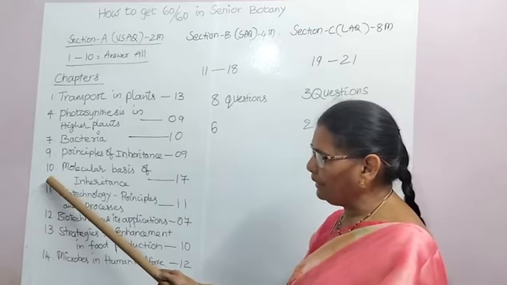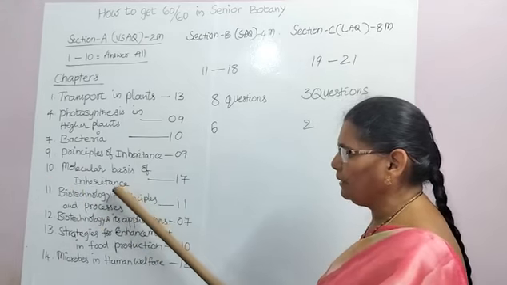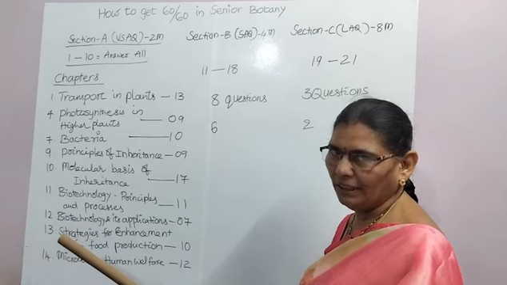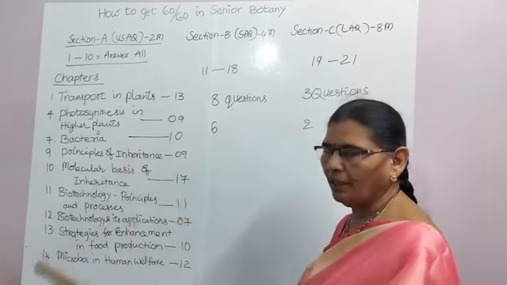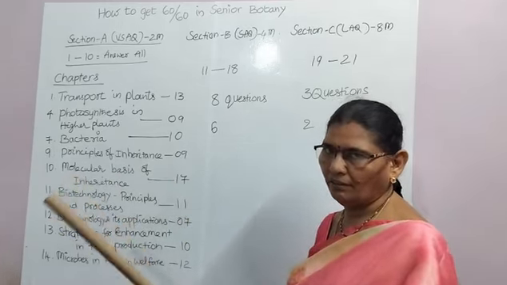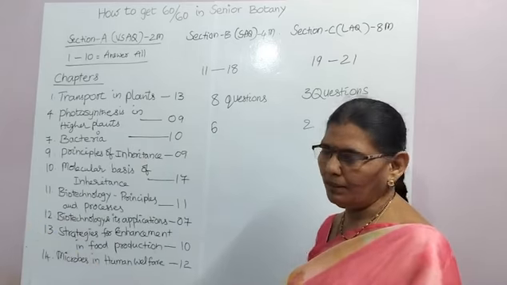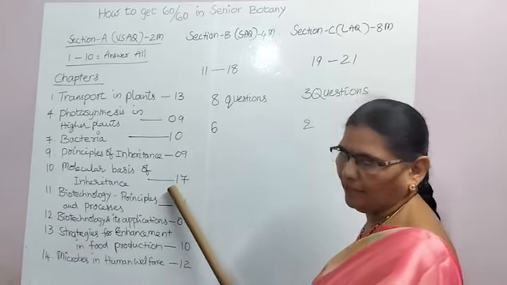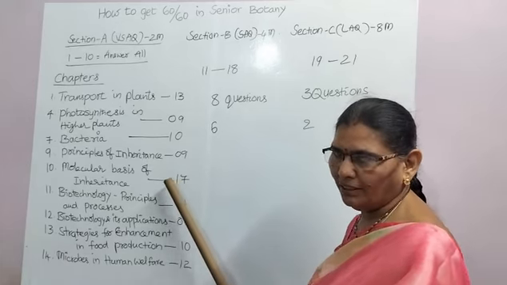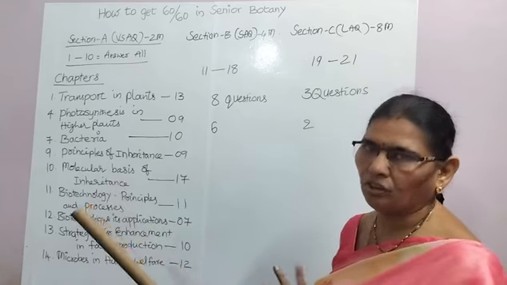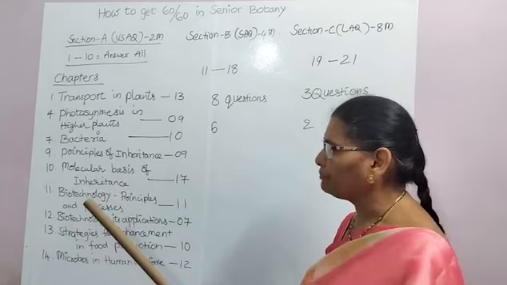Next, chapter 10, Molecular Basis of Inheritance, otherwise called molecular biology. In this chapter, nearly 30 questions are given in the material, but not all are in the syllabus, only 17 are. If you go through these 17 questions, you have 2 questions in the examination, not 1, 2.